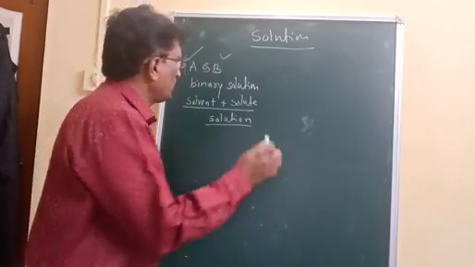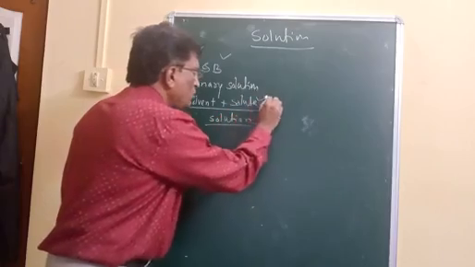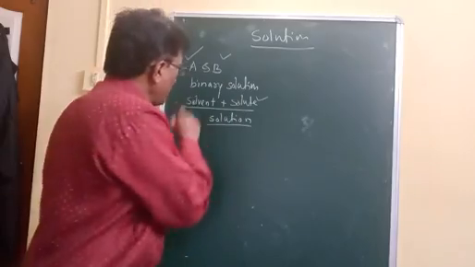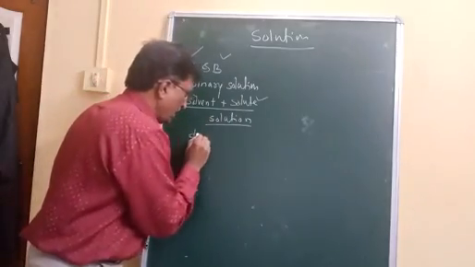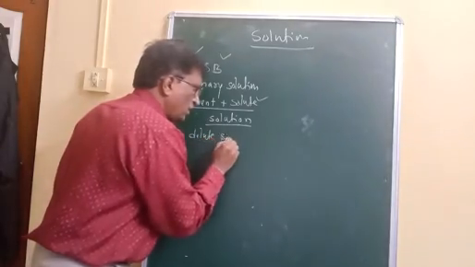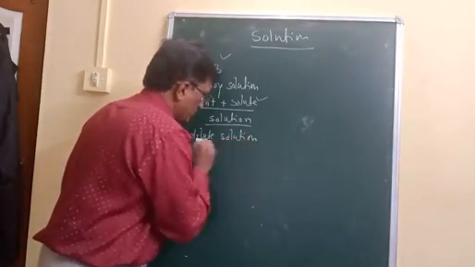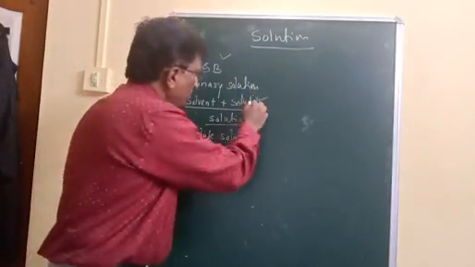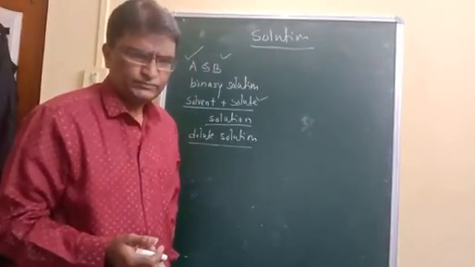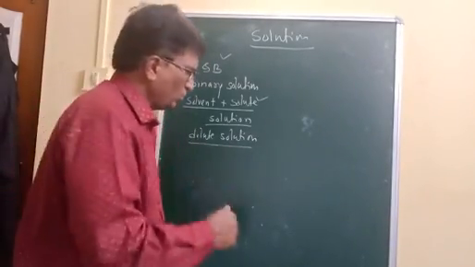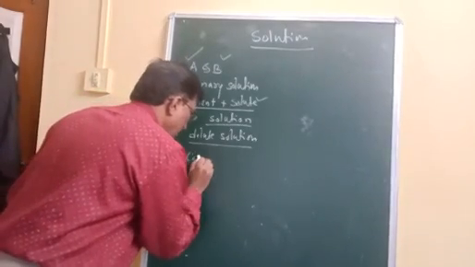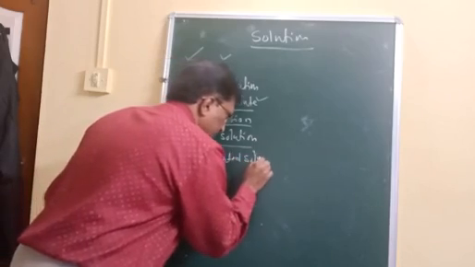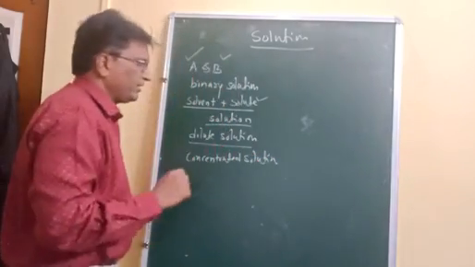Now if solute is present in a very little amount in comparison with solvent, then it is called a dilute solution. If solute is present in appreciable amount in solution, then it is called a concentrated solution.